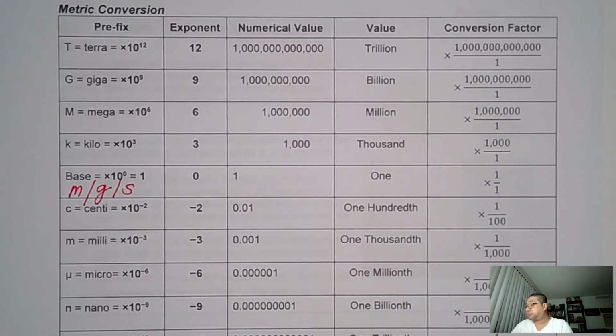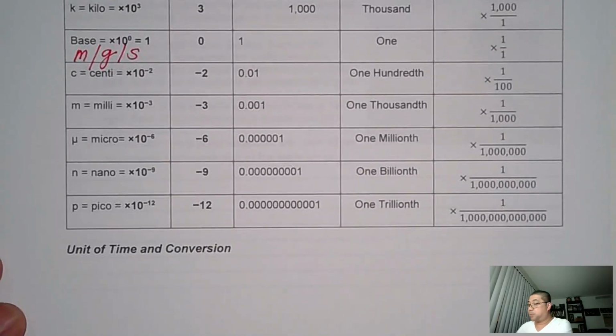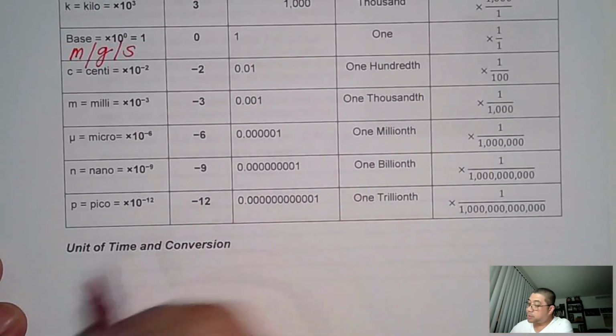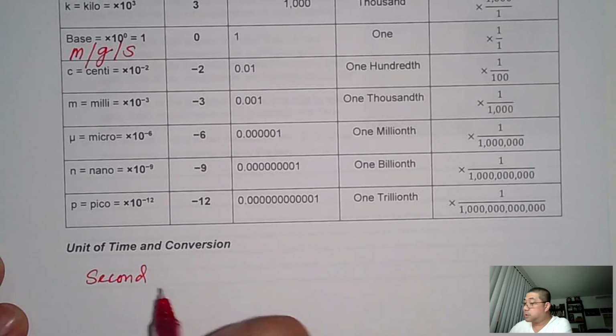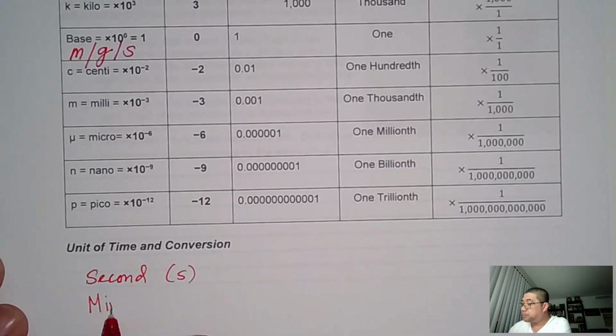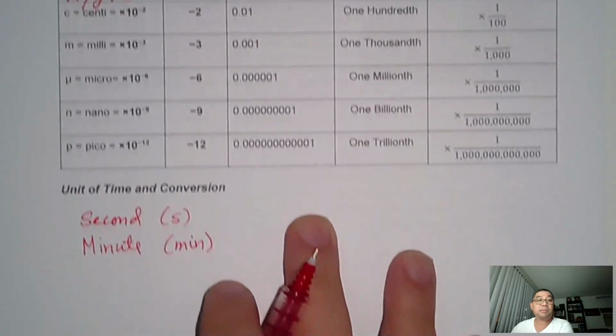Now, let us move on. So what is the unit time conversion? There are 2 or 3 unit time conversions. Of course, the first one is seconds, that's the smallest one, which is your S. You have minutes, and minute is represented by MIN instead of M, because M is for mass.